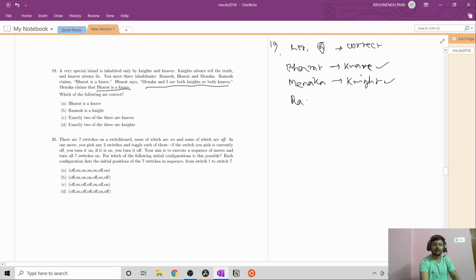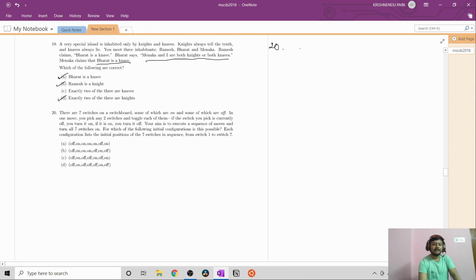So if option A is correct, then Ramesh is also a knight, as Ramesh is telling the truth. Option A is correct, and also exactly two of them are knights, so option D is also correct. Option B is also correct, as Ramesh is a knight. So the correct options are A, B and D.